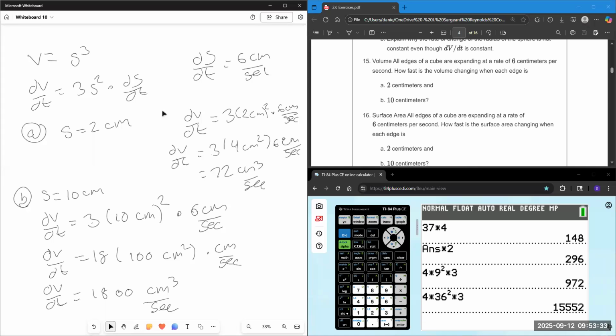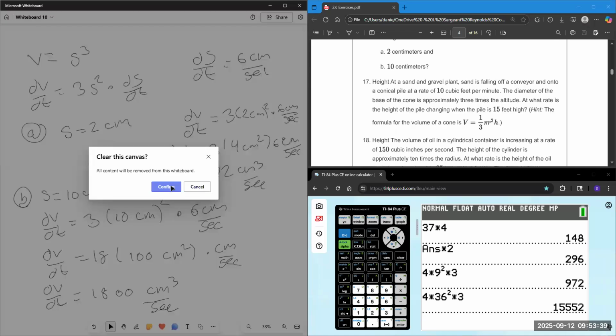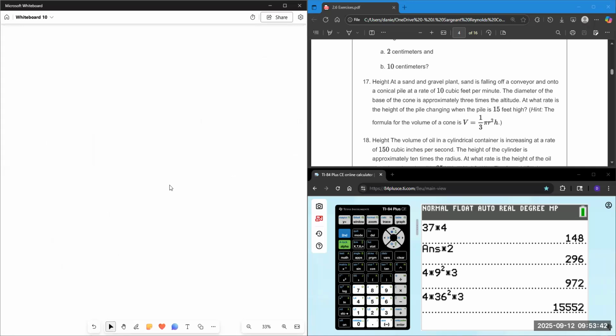On to number 17. All right, so this is nice that they give you the equation here, but you're going to need to know, if you get a problem like this on a quiz or a test, that when we talk about a gravel pit or a sand pit, or that they're dumping gravel or sand into something, it's going to naturally form this conical pile that as you pour it in, it's going to slide down the sides, and the base is going to get bigger and it's going to get taller.